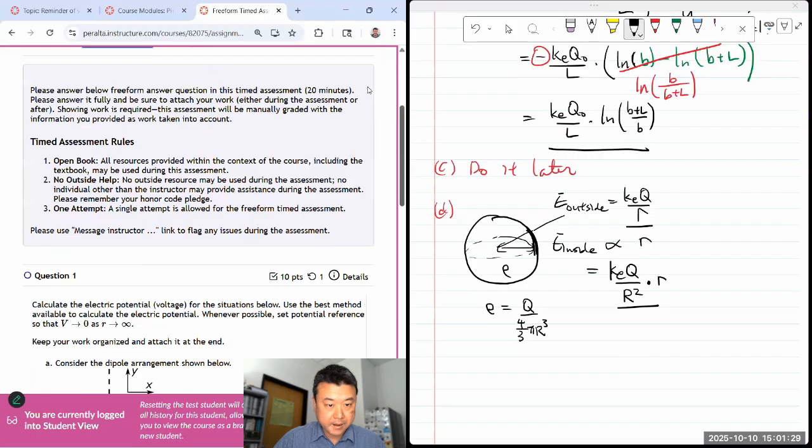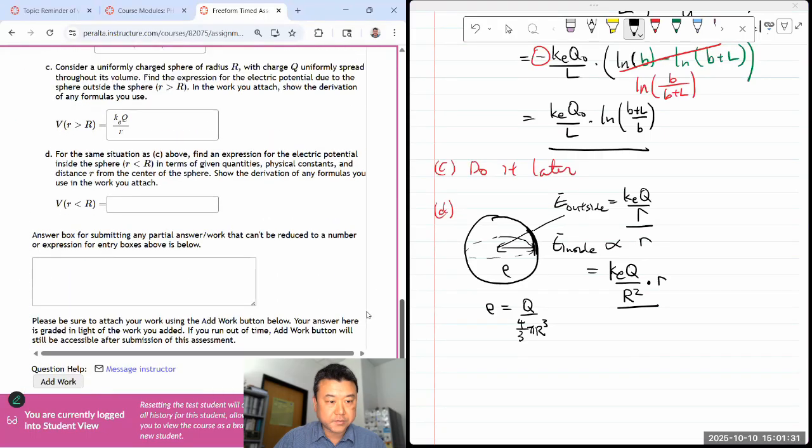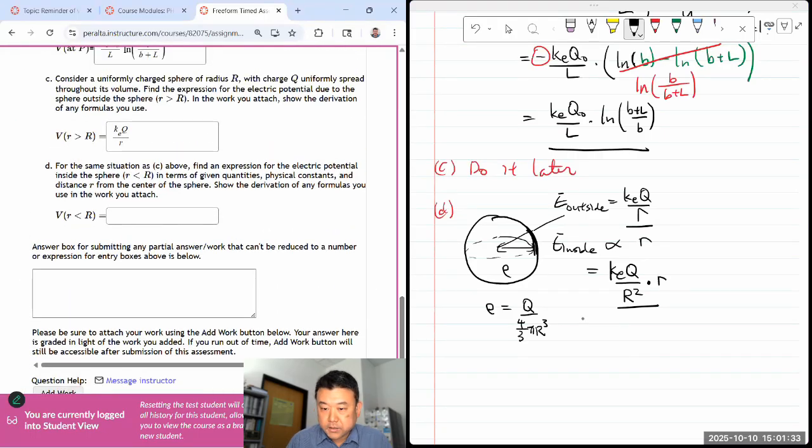So now what I need to do is figure out the change in voltage from the surface to r. So that's going to be minus the integral from r equals capital R to r equals lowercase r of r dr. Sorry, I'm abusing notation. Don't report me.